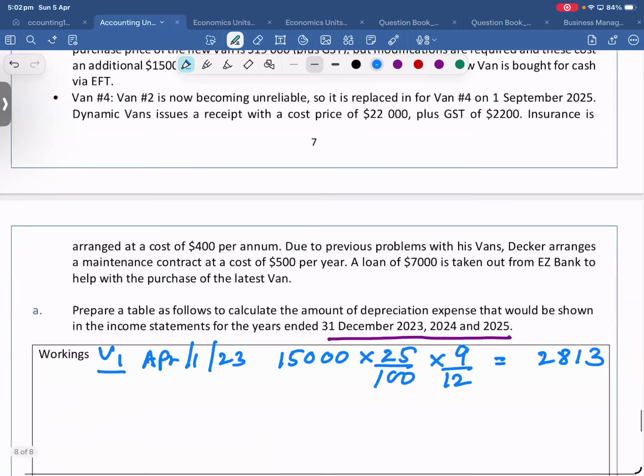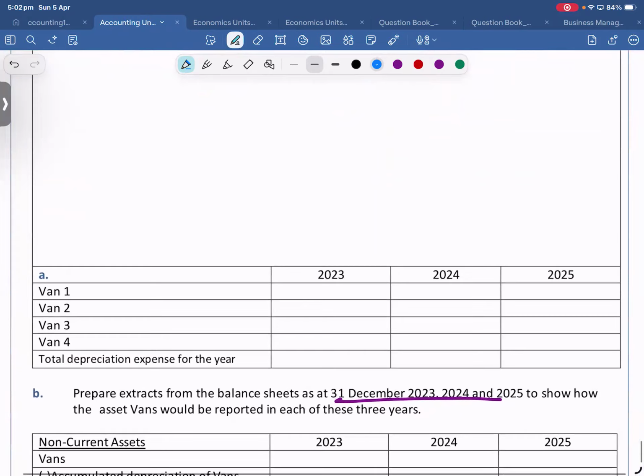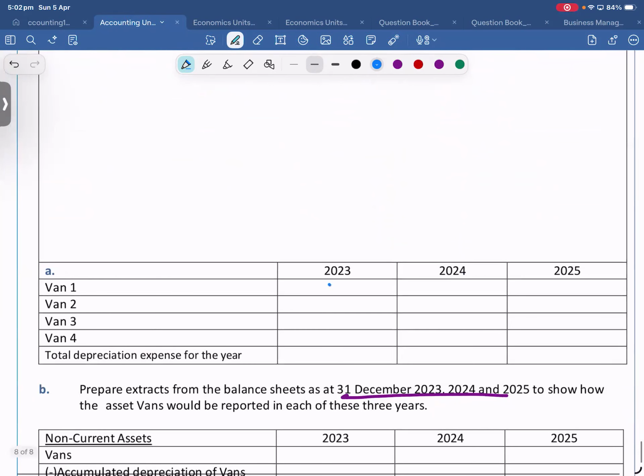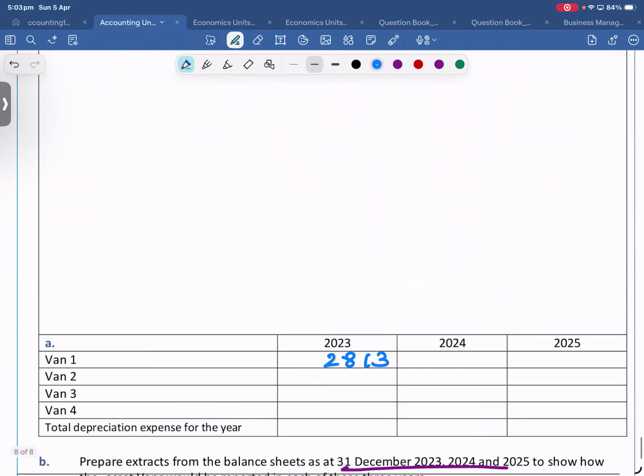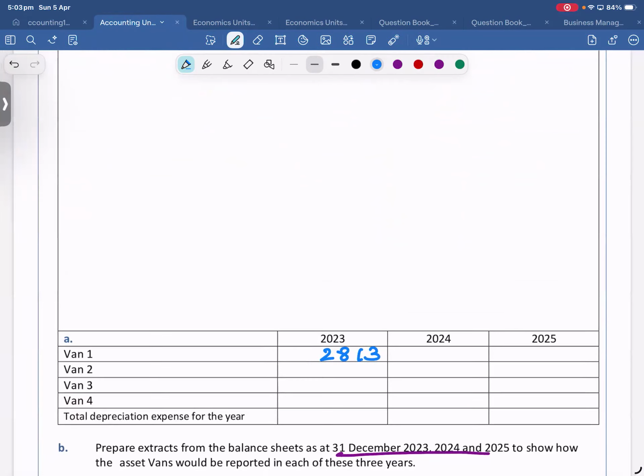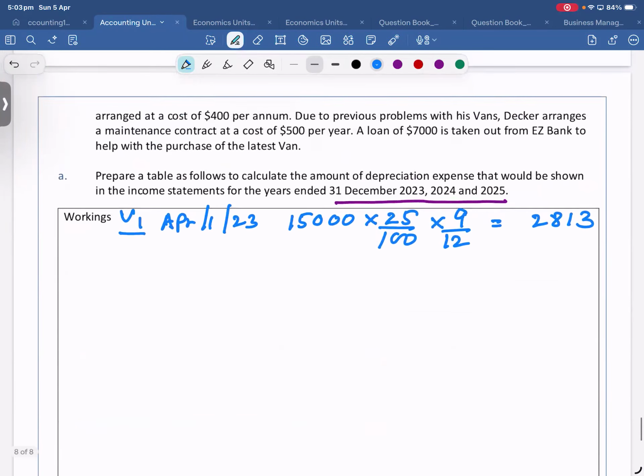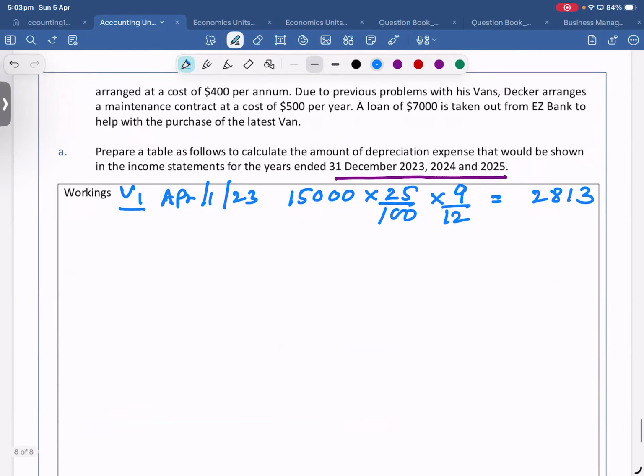Everyone is okay with that? 1st April 23 to 31st December 23. Then we can do van one for 23. How much? 2,813. Do we not use decimals? No, we don't need decimals, you are rounding.